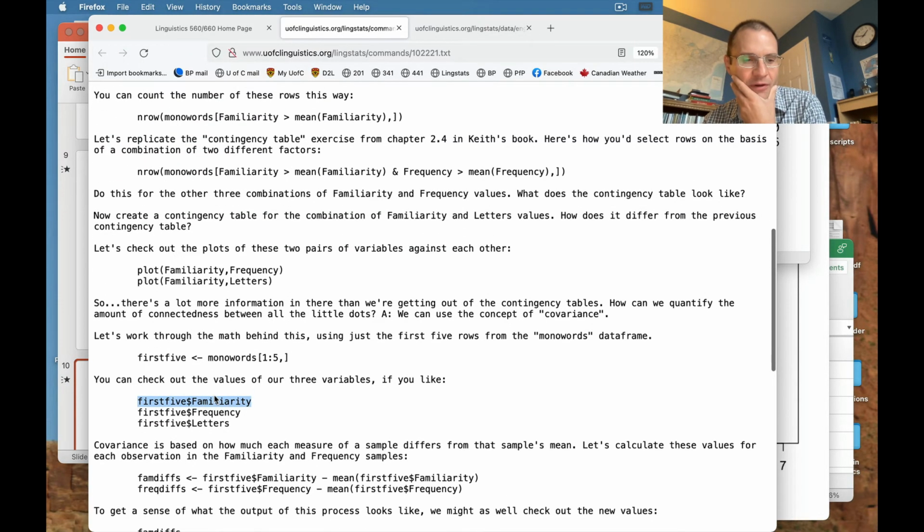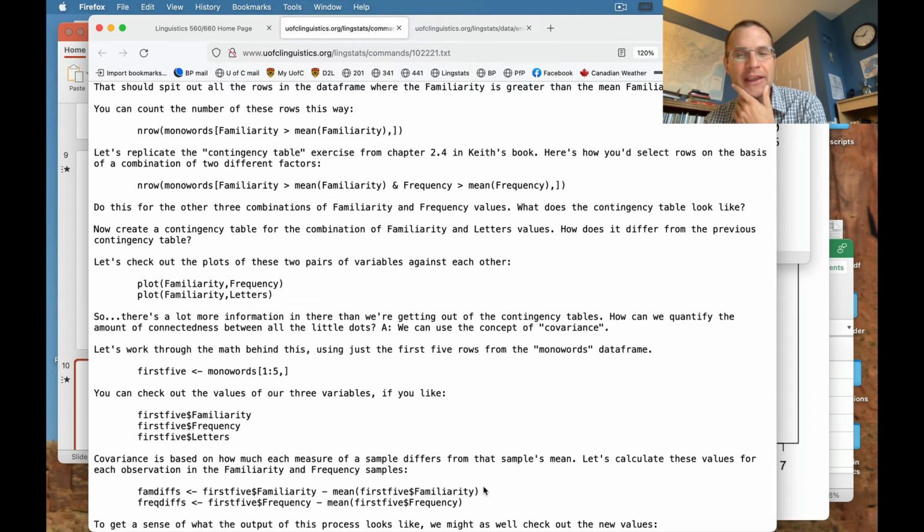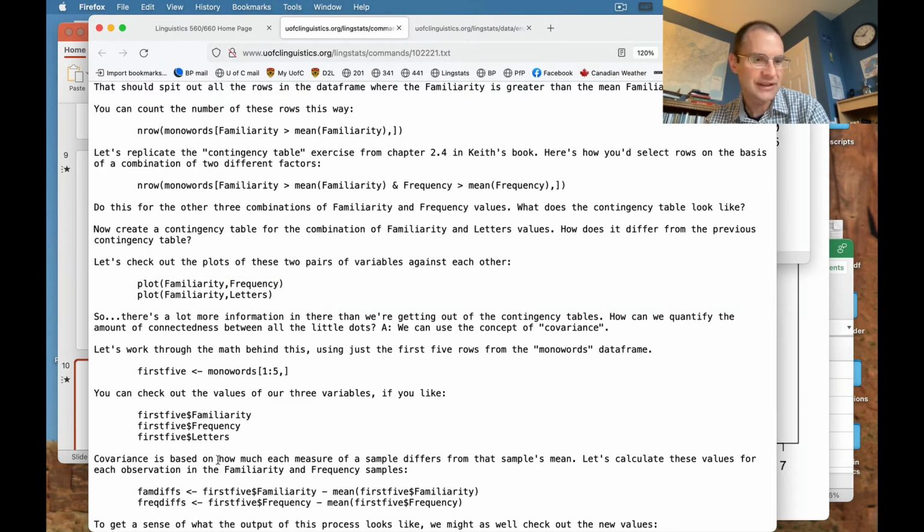Right, just looking at those variables, covariance is based on how much each measure of a sample differs from that sample's mean. So I want to calculate that difference for each observation in the familiarity and frequency samples. This is a crucial part, which I'll repeat because it's important as we go through this: we're looking at how much each measure of a sample differs from that sample's mean.